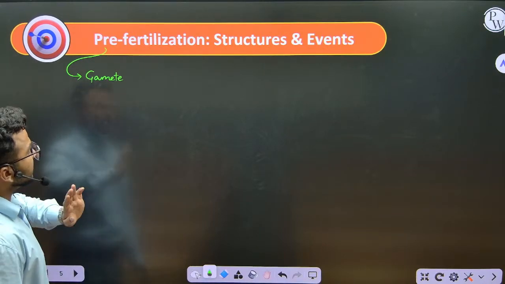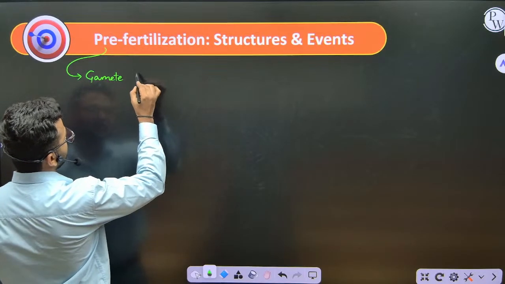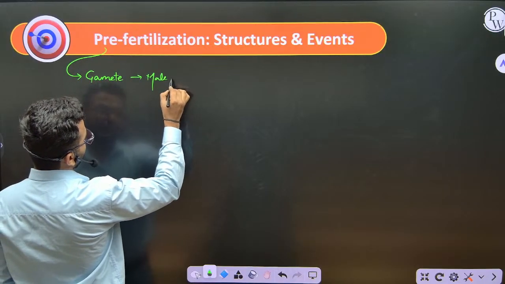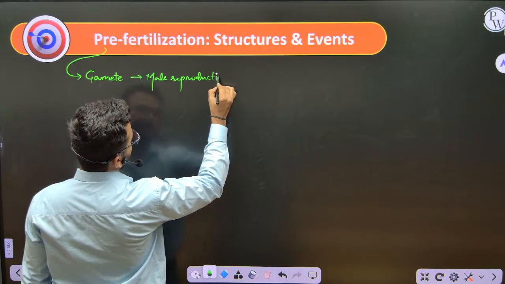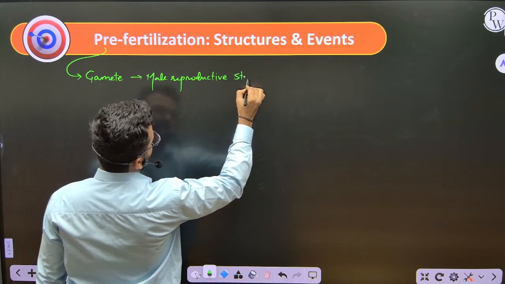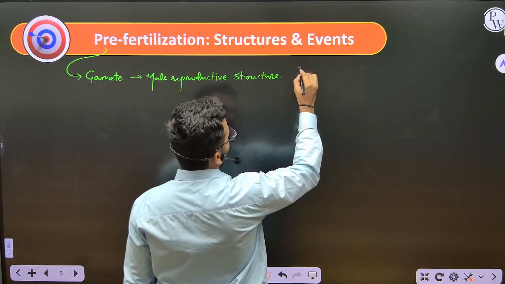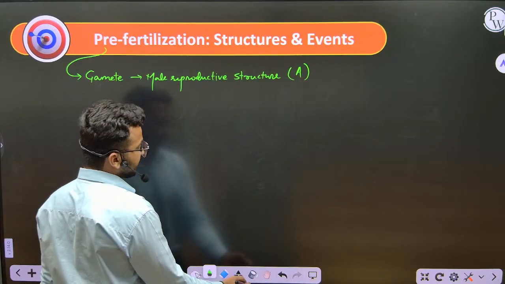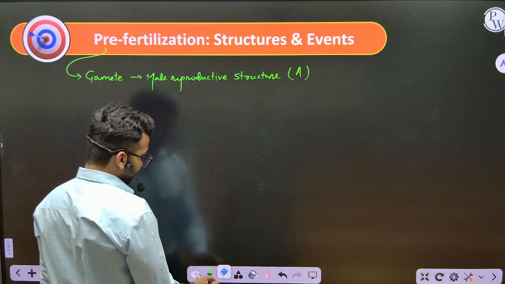So first we'll move to the male reproductive structure, or androecium. I will be writing the term with A. A indicates androecium.